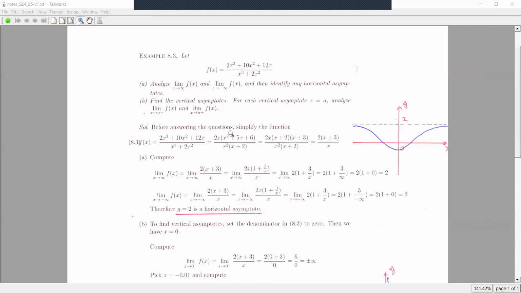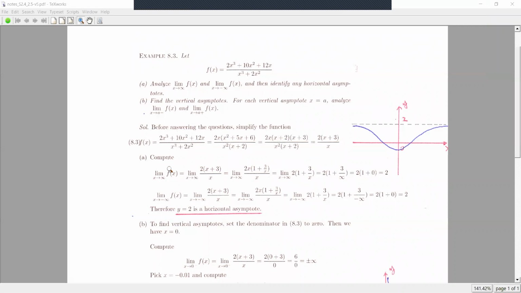Before answering the questions in part A and part B, I simplify the function. By factorization, the function f is this function. Cancel the factor x and the factor x plus 2. Then the function f is this function.